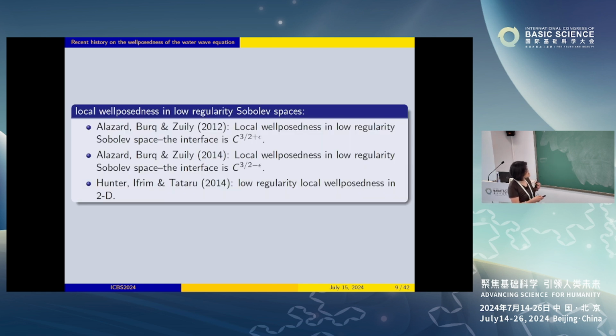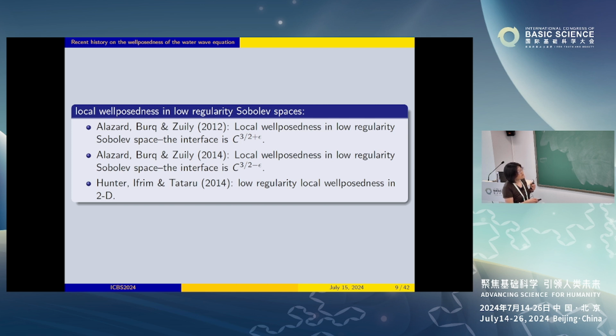There are also a lot of results on local well-posedness in low regularity Sobolev spaces. Essentially it's done by the group of Alazard, Burq, Zuily, and also later by Hunter, Ifrim, Tataru. In all this work, the interface is required to have regularity C^(3/2+epsilon) or C^(3/2-epsilon).